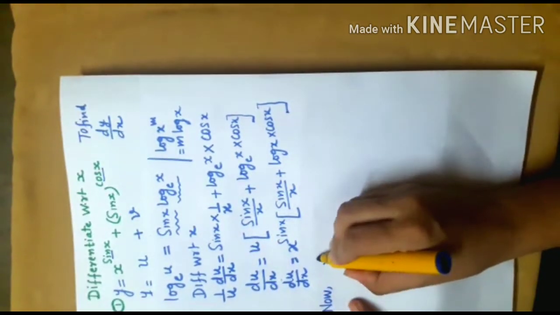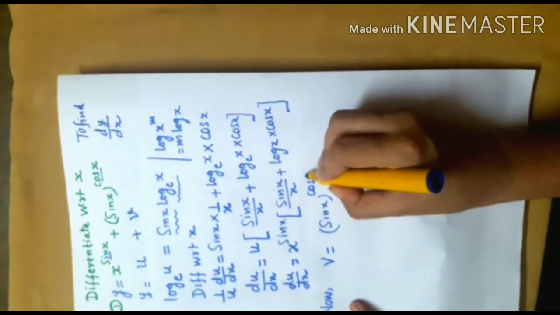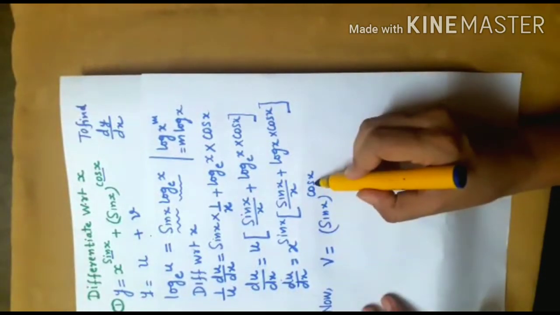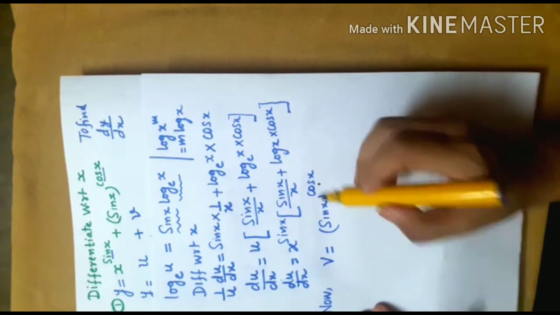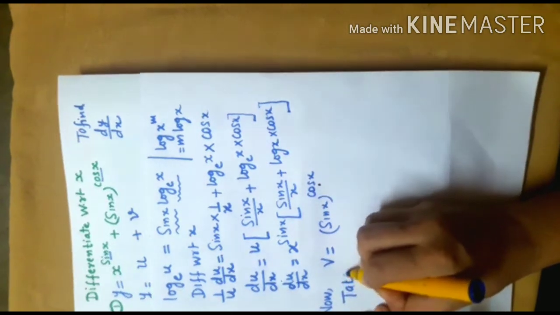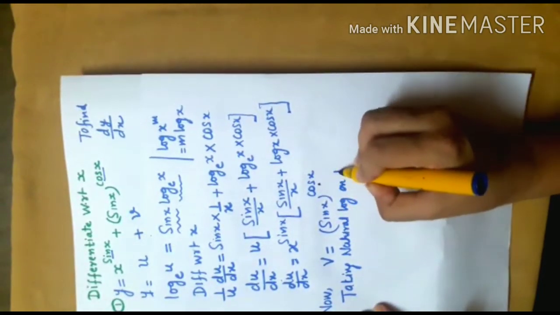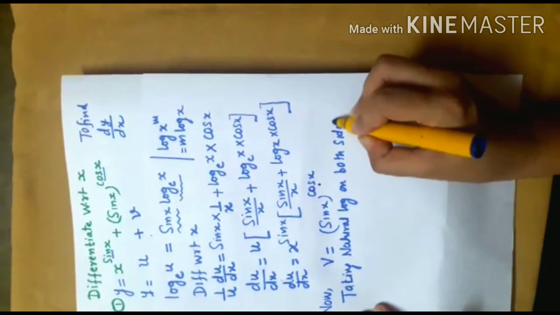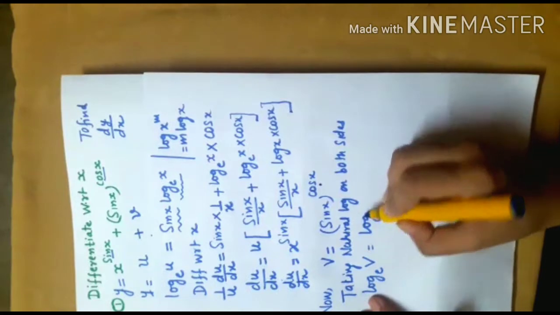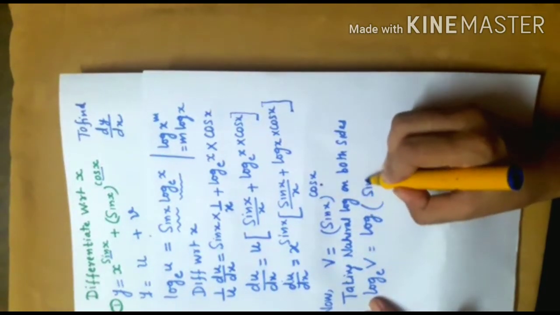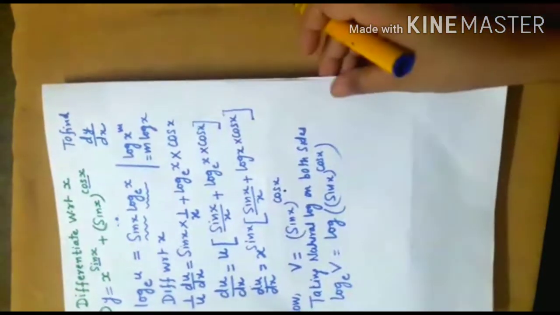So v is equal to sin x raised to the power cos x. Again, the exponent is a function, so we will make use of logarithmic differentiation. So again, taking natural log on both sides, I'll get log v to the base e equals log of sin x raised to the power cos x, right?